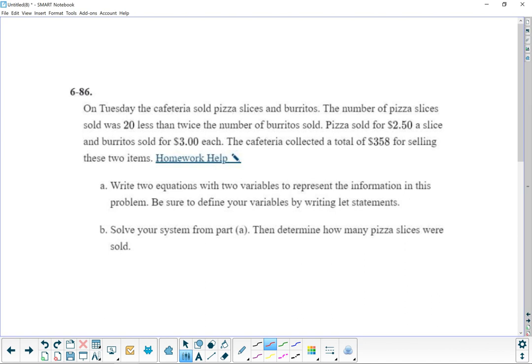All right, so let's just see what's going on. We have pizza and burritos, right? Pizza slices and burritos. We sold 20 less, where the pizza slices sold were 20 less than twice the number of burritos sold.